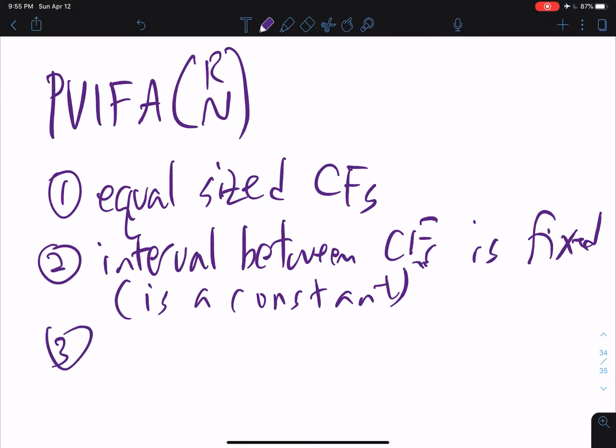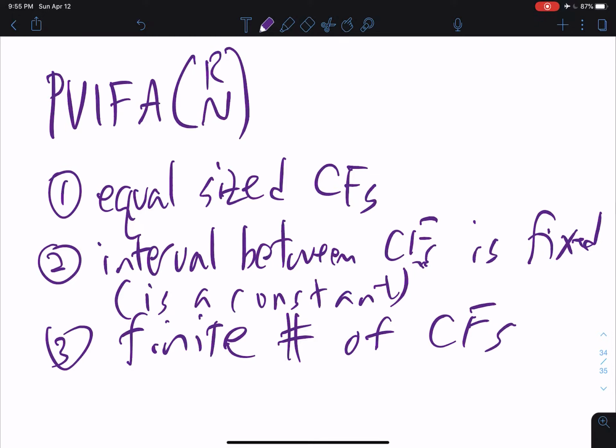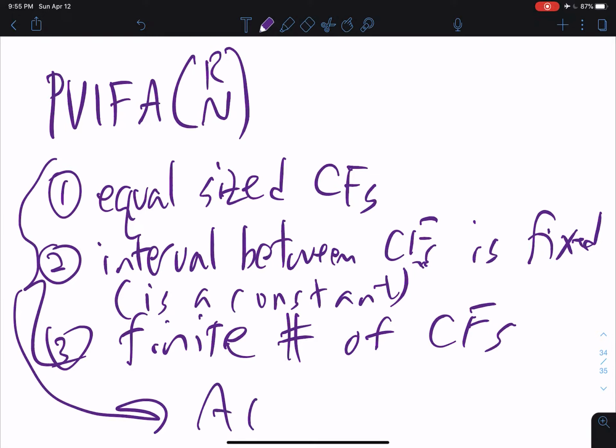And three, there are a finite number of these cash flows. And if all these three are true, then we have an annuity.